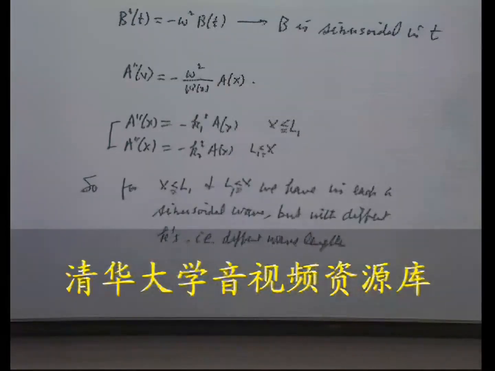So for x less than L1 and x greater than L1, we have in each a sinusoidal wave, but with different k. That is to say, with different wavelengths.